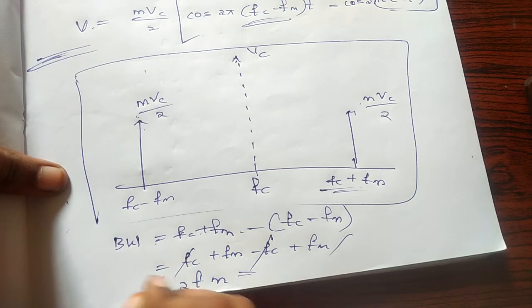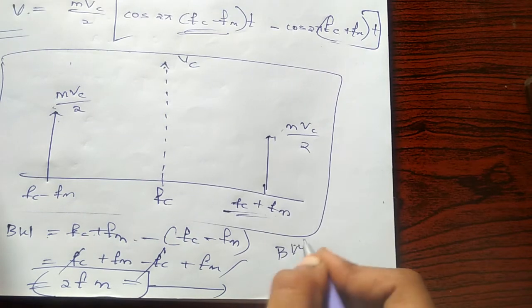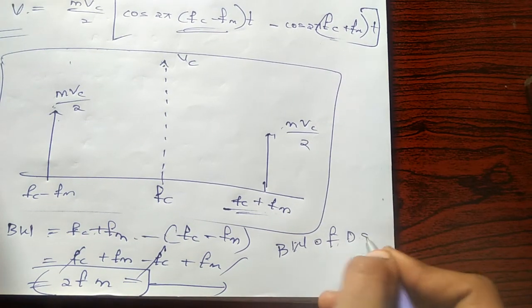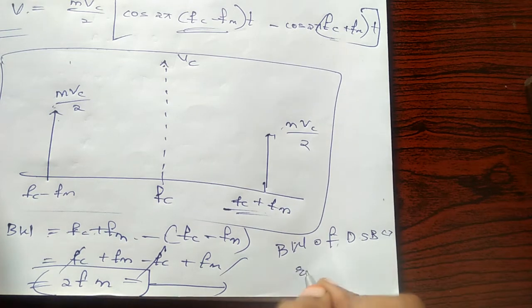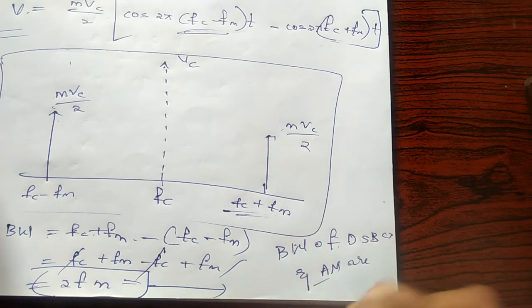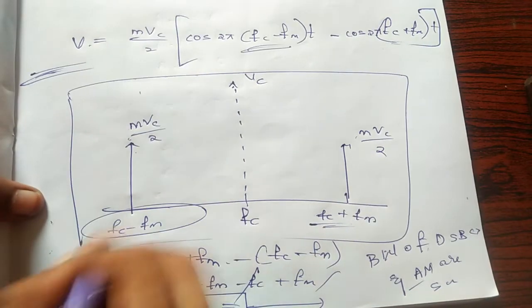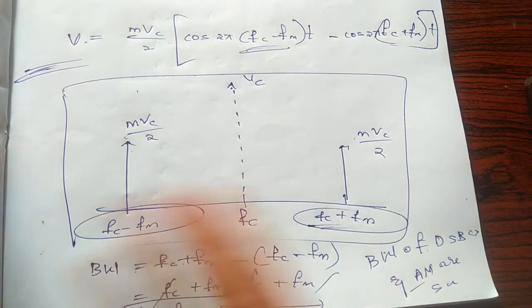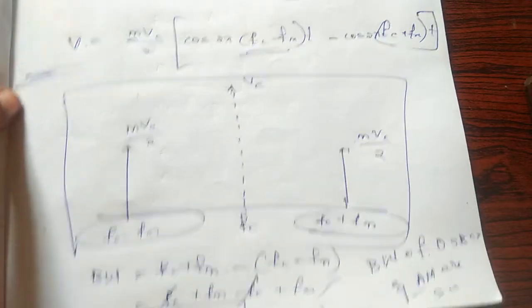Right? The bandwidth of DSBSC and amplitude modulation are the same because the frequency ranges of both lower and upper sidebands are equal in both.